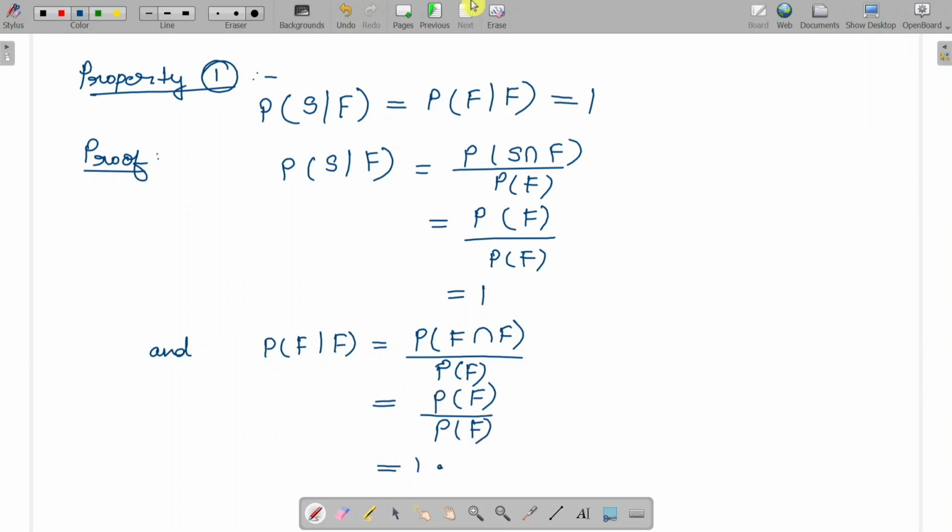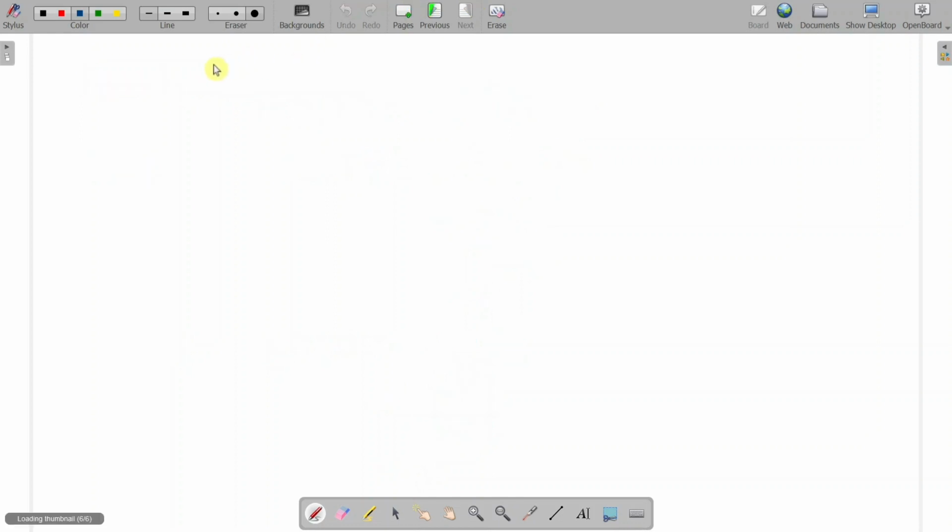So both of them are equal to 1. Therefore, probability of S such that F has occurred is equal to probability of F such that F has occurred, equal to 1, right? So this is the proof.